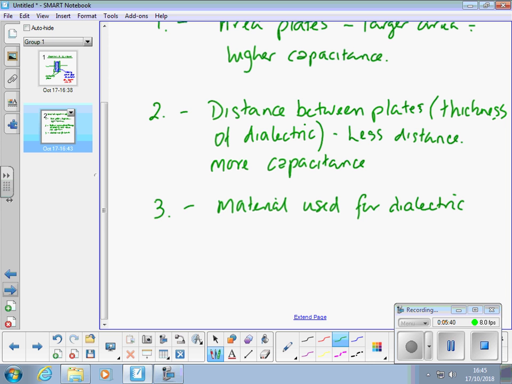Because of the air dielectric, they're inherently quite low values of capacitance, but used in a tuning circuit to tune into a particular station. The other materials have a much higher dielectric strength and therefore can inherently hold more charge.